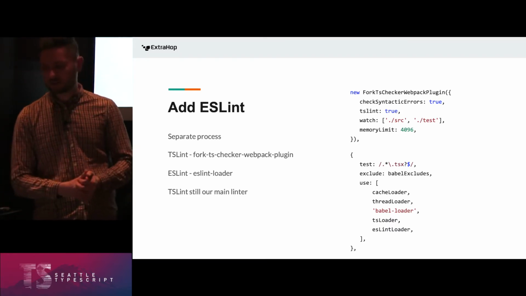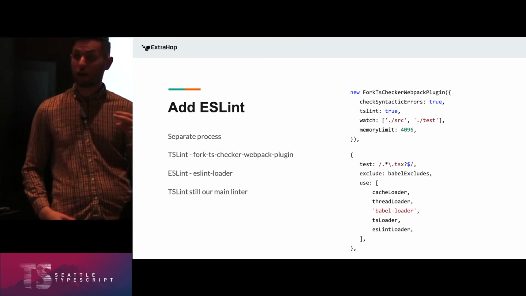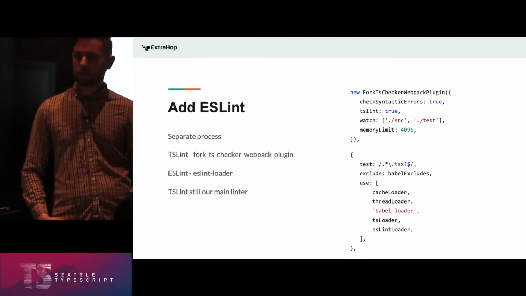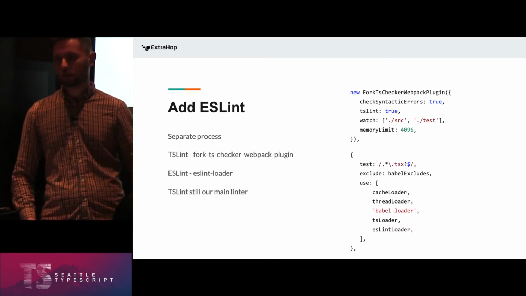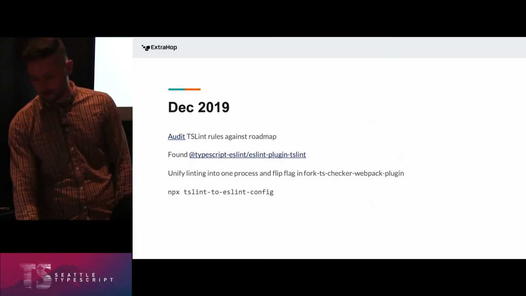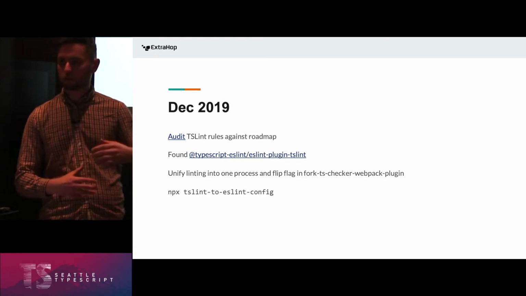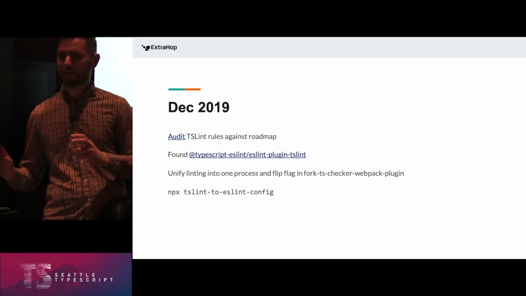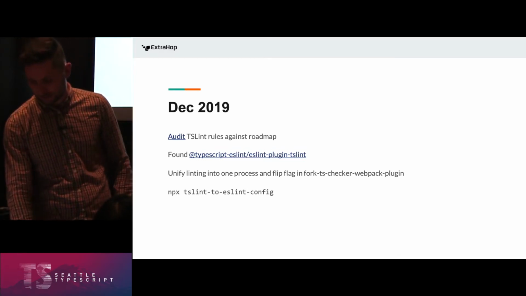So we ran with this setup for a while. It was enough because we only added the React hooks ESLint rules. So we only had 2 rules in ESLint, and we were OK with them running only on the initial build and then in production once you push. So that's how we ran until the roadmap advanced, and hopefully all our wish list TSLint rules would be developed in ESLint.